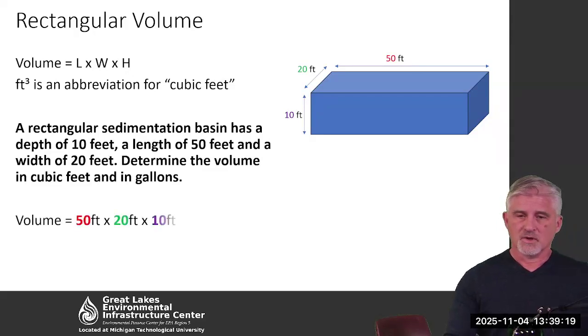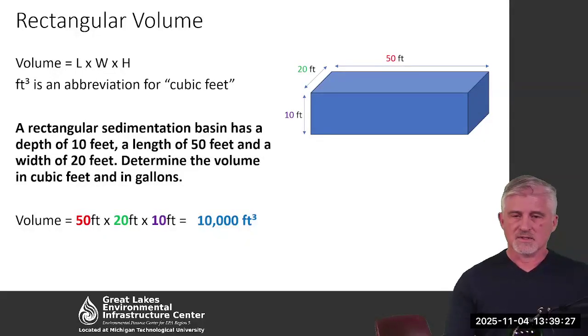If we look at our volume, we've got 50 feet by 20 feet by 10 feet. That gives us 10,000 cubic feet. So we've answered part of our question, but we now need to do the conversion from cubic feet to gallons.